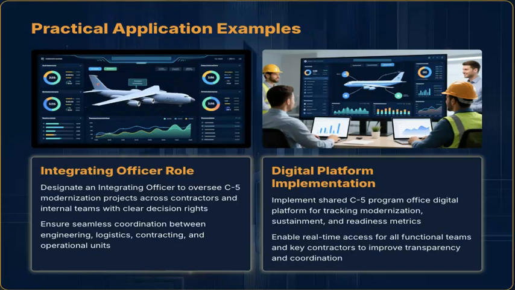They would be the connecting points between the division's multiple integrated product teams, or IPTs, and would help everyone stay together and be the central source. Also, if the division pursues digital platform upgrades, a shared C5 digital platform that tracked modernization, sustainment, and readiness metrics and was accessible to all teams and key contractors would benefit the office greatly, as communication and accountability would improve.